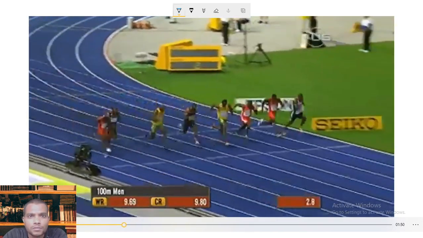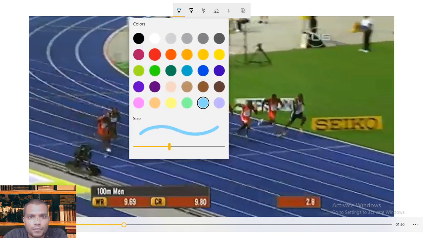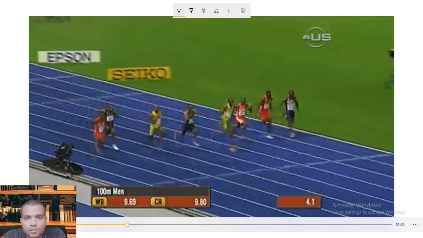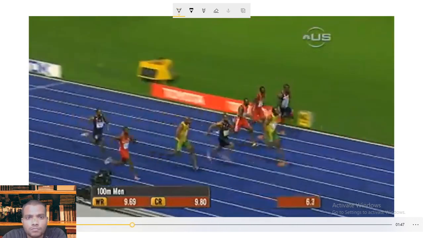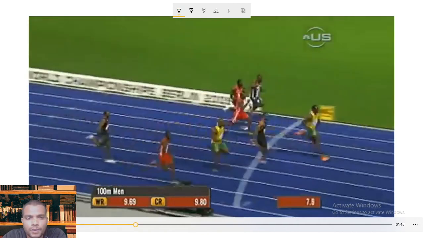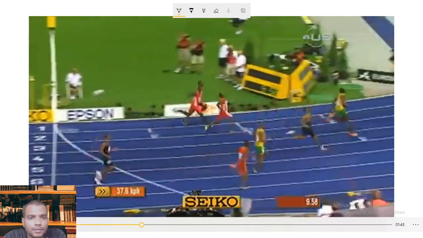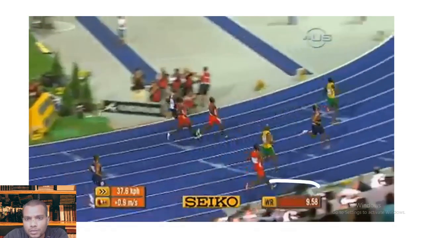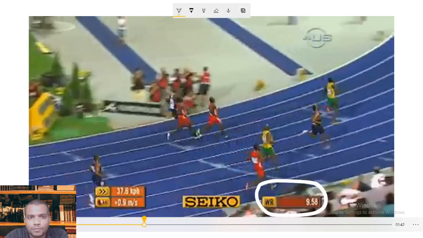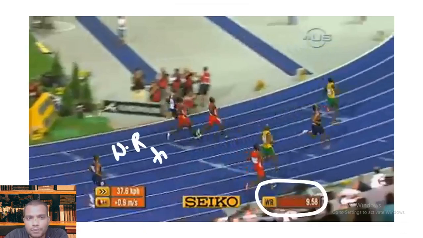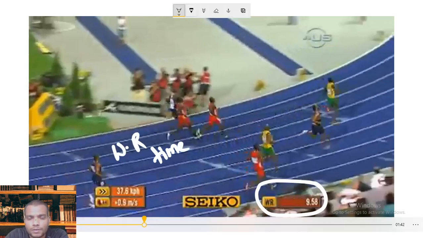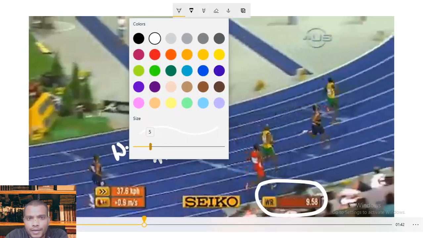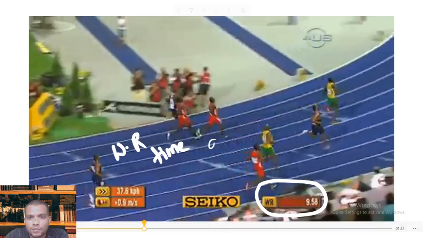If you observe carefully, here you can highlight these two numbers. This is the world record time, which is given there: 9.58 seconds.